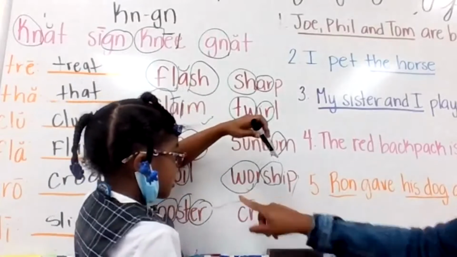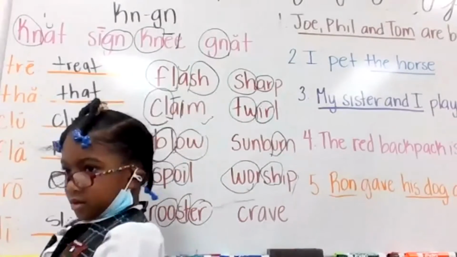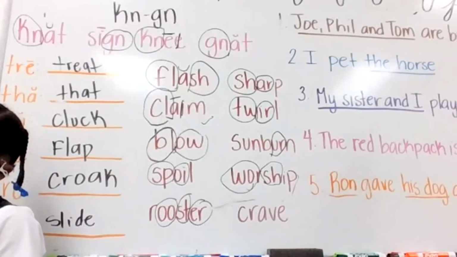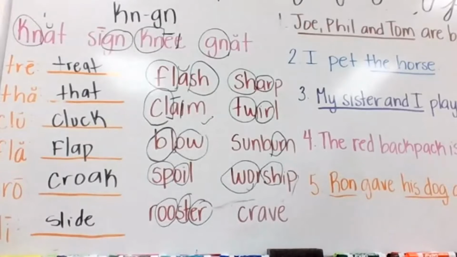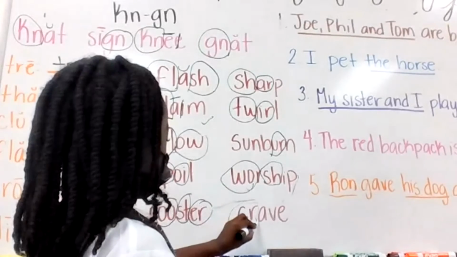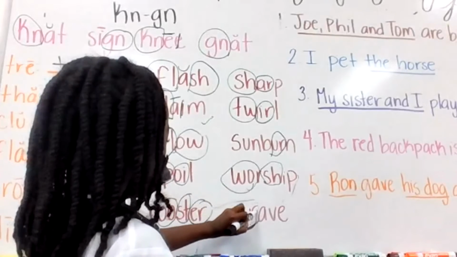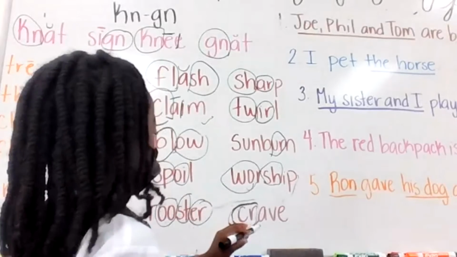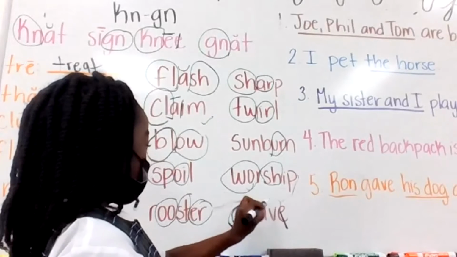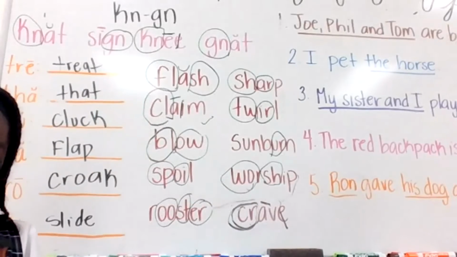W-R says r. Worship. Good. Okay. Kinley. Plus E. And I know the A says long A. What's the word? Crave.